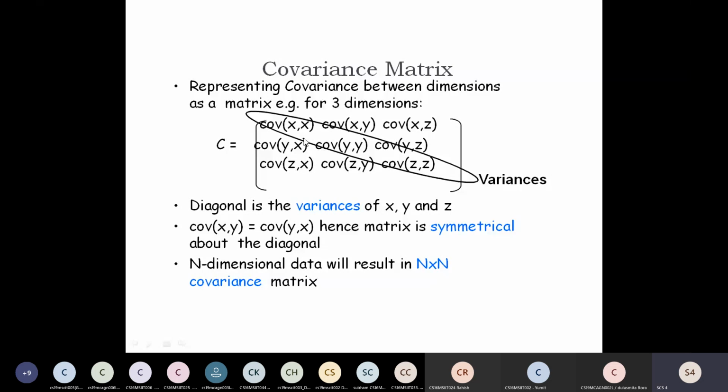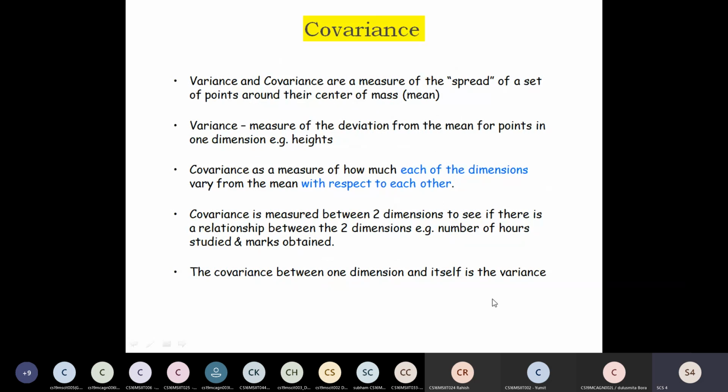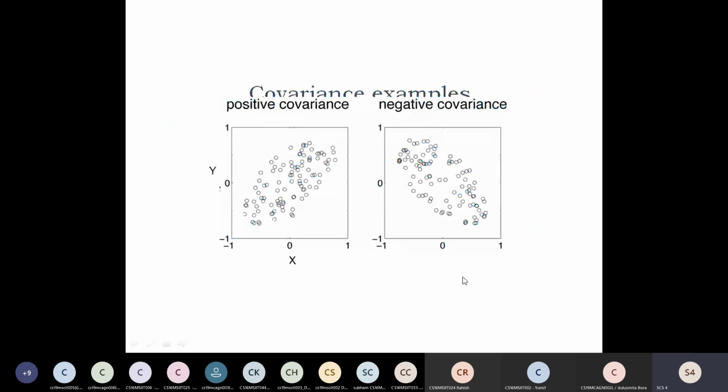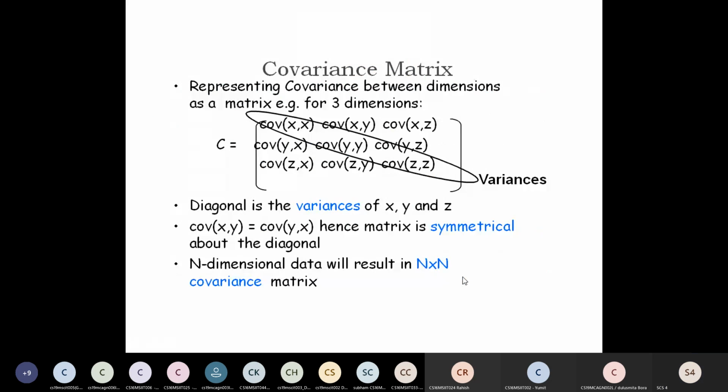We are calculating the covariance of x with respect to x, right? Similarly, we are calculating the covariance of y with respect to y, and the covariance of z with respect to z. So only one dimension is considered. We calculate the covariance between one dimension and itself, and that is nothing other than your variance. Right?